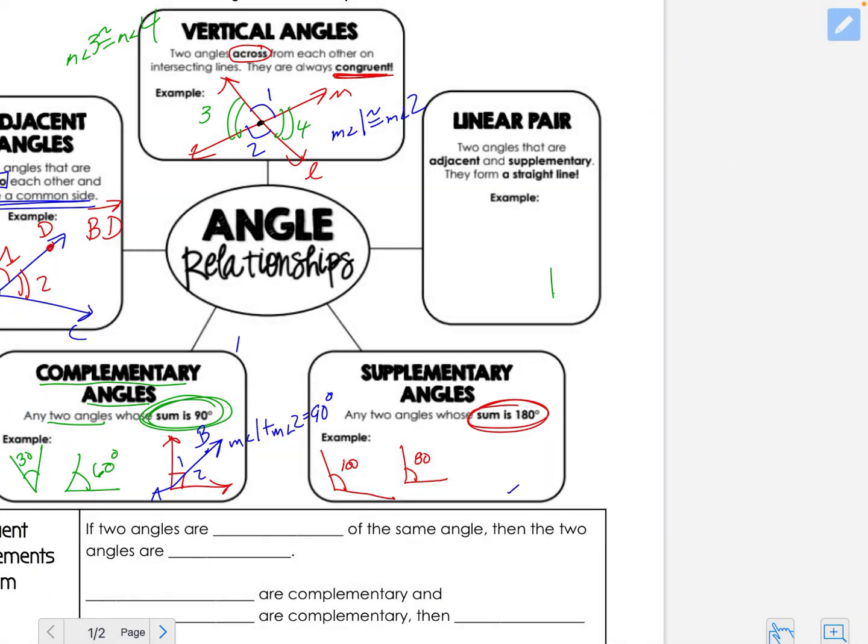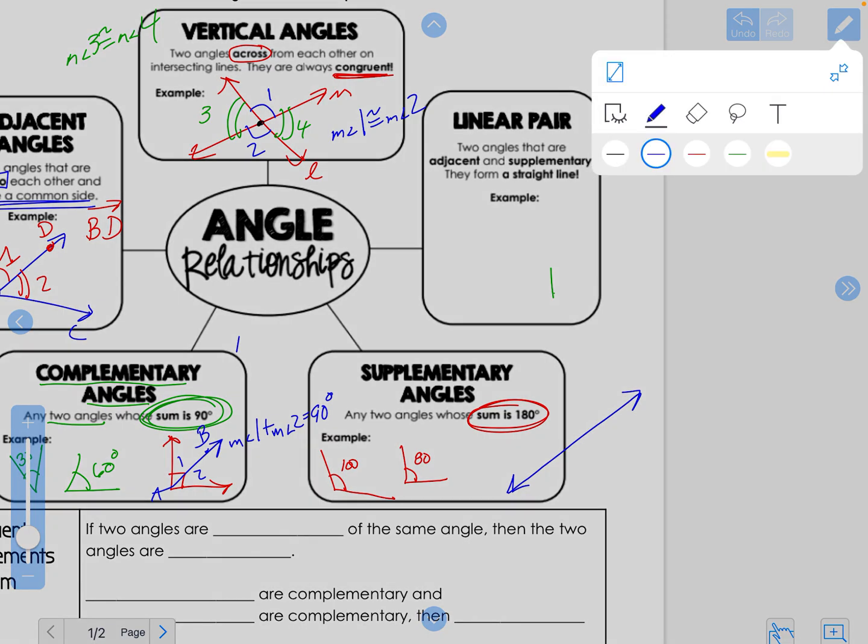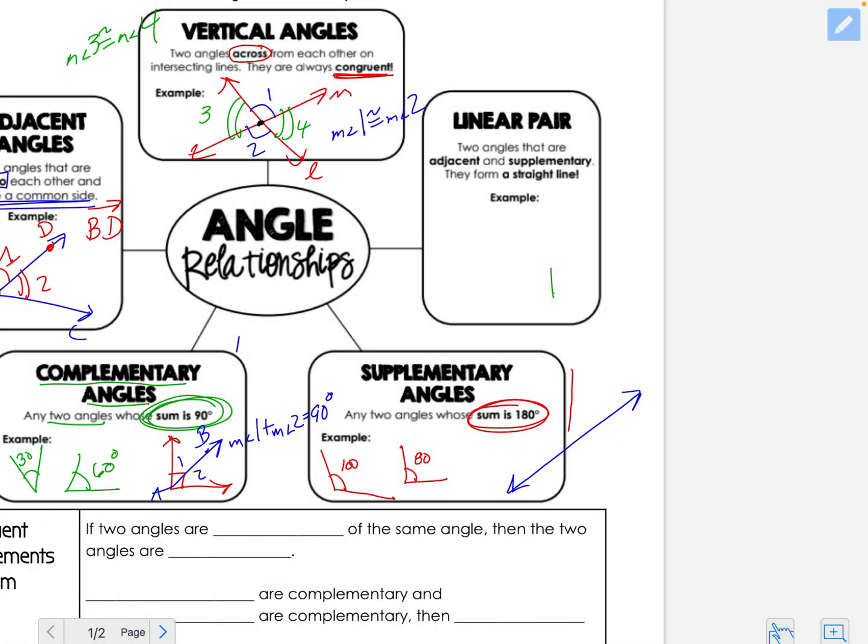We also know that if we have any two angles that share a straight line, so let's say we've got ray AB here, that makes these two angles supplementary. So the measure of angle A plus the measure of angle B, we're going to call that other one angle B, would equal 180 degrees.